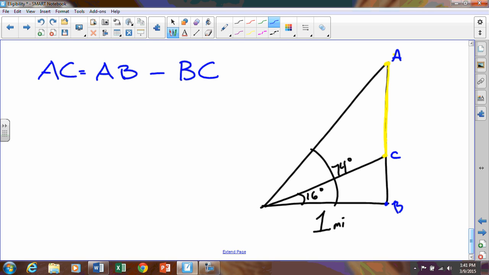Now, in order to do that, please notice that if we're looking here at BC, that piece is opposite of 16. 1 mile is adjacent to 16, which tells us then that tangent of 16 is opposite over adjacent.